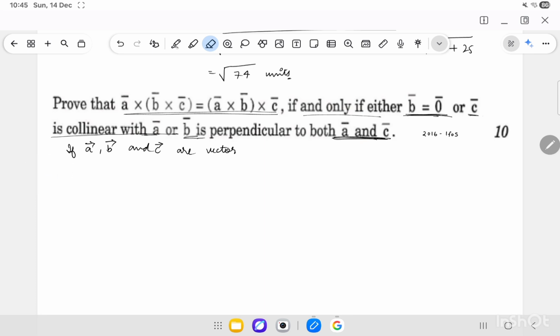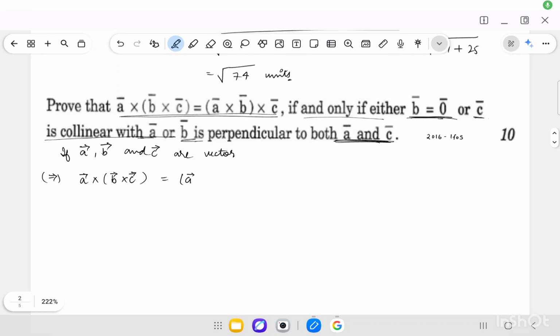forward part first. Let us assume that the given relation holds, that is A vector cross B vector cross C vector is the same as the right-hand side. So the expansion of A vector cross B vector cross C vector is A dot C, that is the dot product of A with C, times B vector, minus the dot product of A vector with B vector times the C vector.